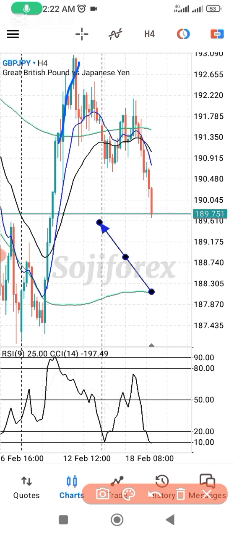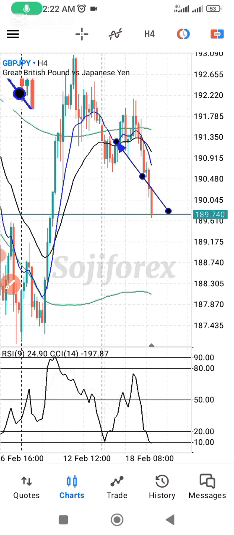For this to become an uptrend, we need a validation. The validation is that we want to see price retest it and get rejected back to the upside. So you must be patient to get that confirmation. In this scenario, you can see that price did not do that.